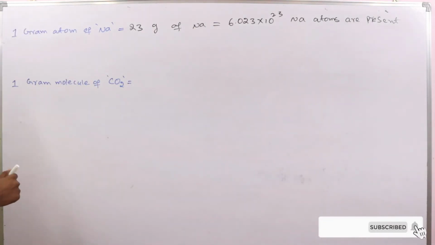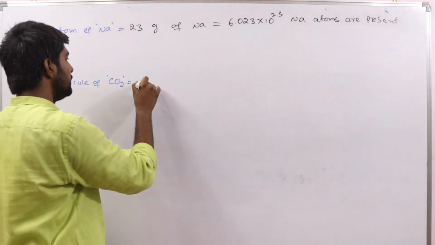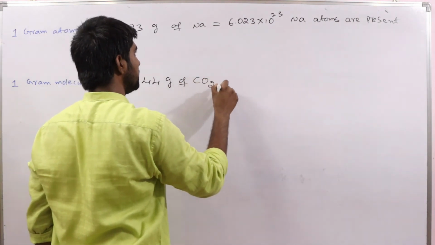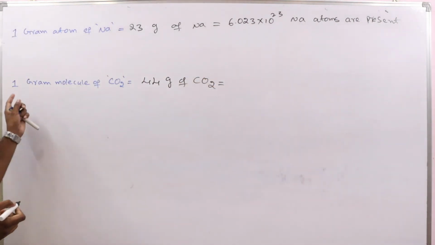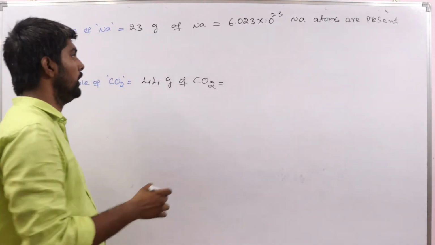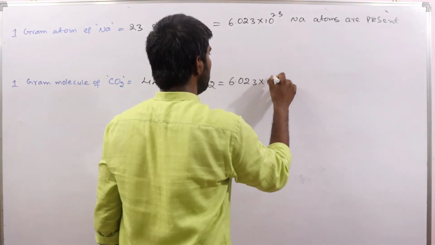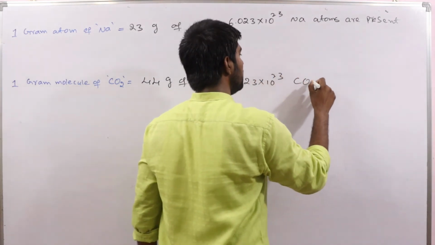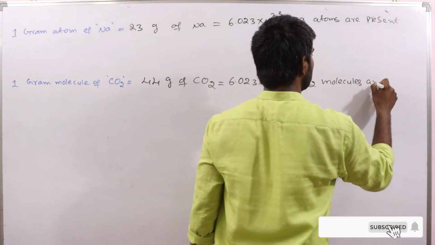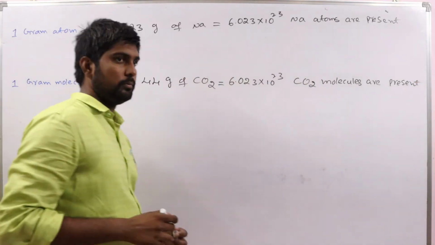In the same manner, suppose we have 1 gram molecule of CO2. This is nothing but 44 grams of carbon dioxide, and it has 6.023 into 10 power 23 CO2 molecules present. Yes or no?